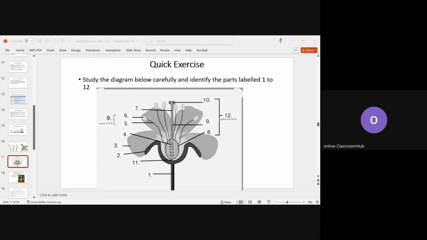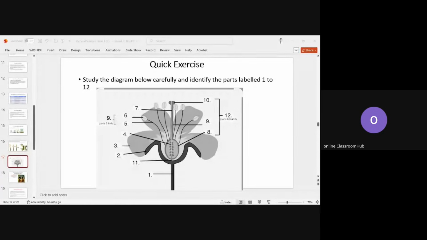Petal. Three is petal. Okay. Four. Bridget. Oval. Oval. Okay. Five.